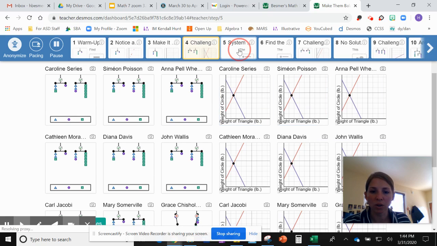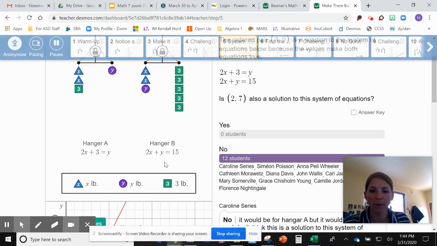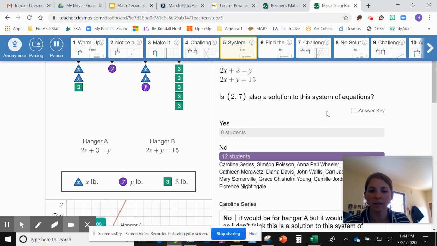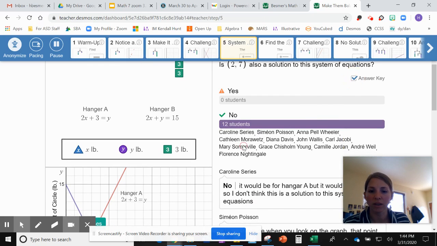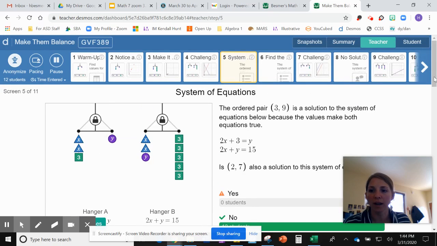So I wanted to talk a little bit about identifying (2, 7) as a solution to the system. You guys were correct in your thinking here, which was awesome, all 12 of you that participated. And there's a few different ways to check, right?